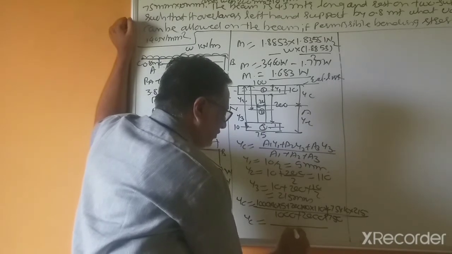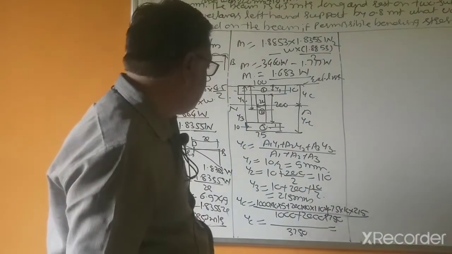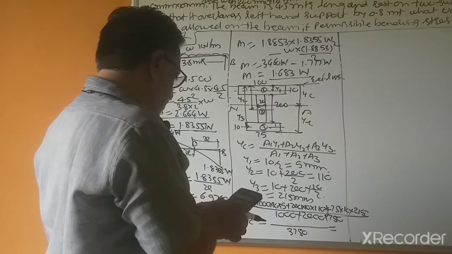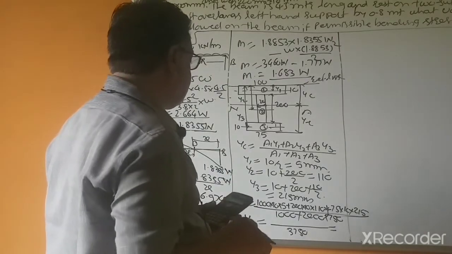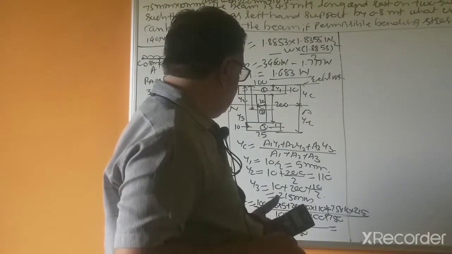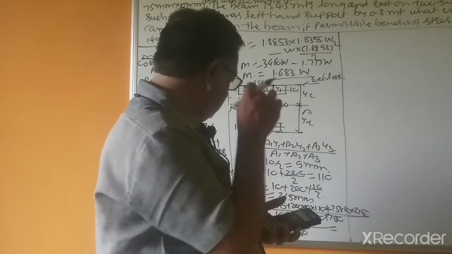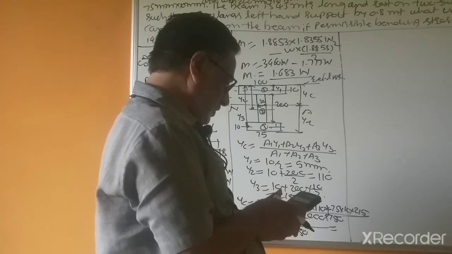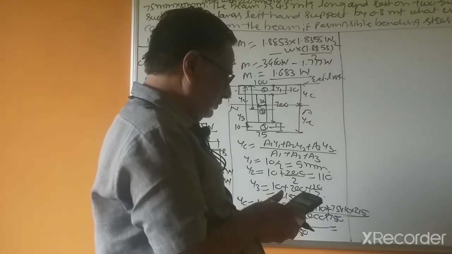So this is 3750, because I have less space. 2000 multiplied by 5, 10,000, plus this is 2000 multiplied by 11, so 220.